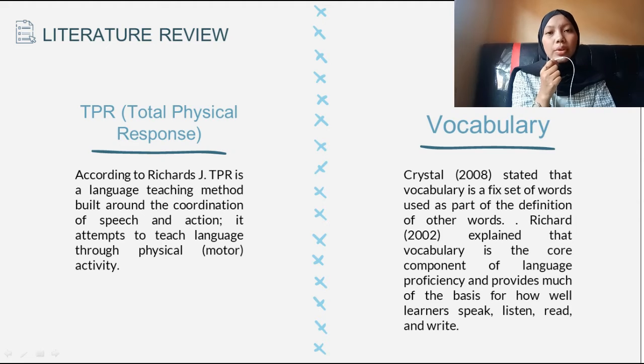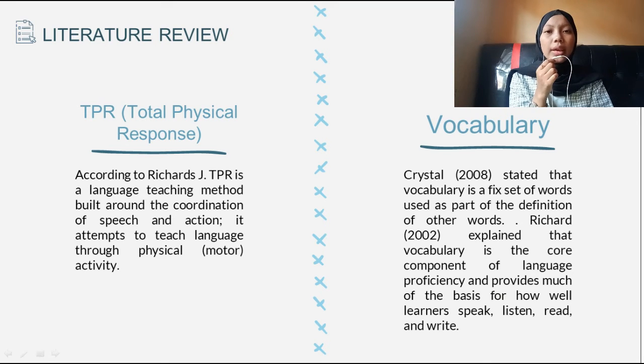So the next is about the literature review. The first one is about Total Physical Response, or TPR. According to Richards, TPR is a language learning method built around the coordination of speech and action. It attempts to teach language through physical or motor activity.